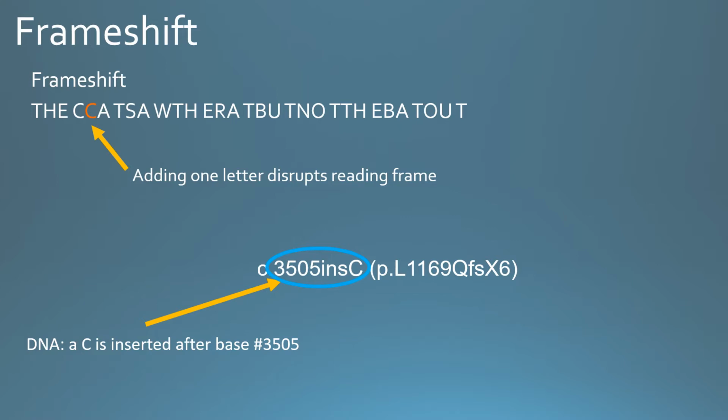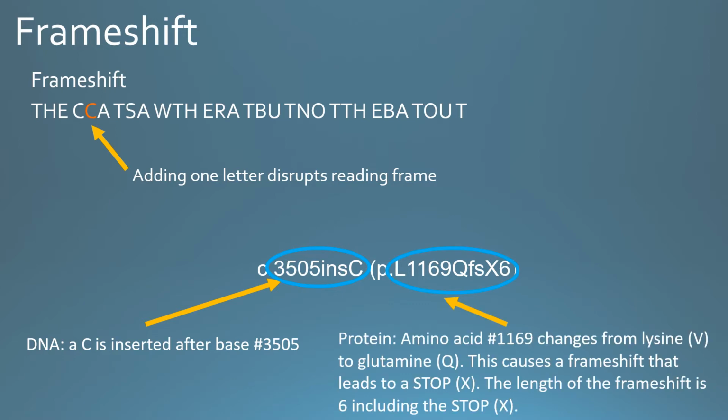Okay, so for real DNA, at base 3505, we stick an extra DNA letter C in, which then changes the L to a Q at amino acid number 1169, and then causes a stop codon to occur several amino acids downstream.